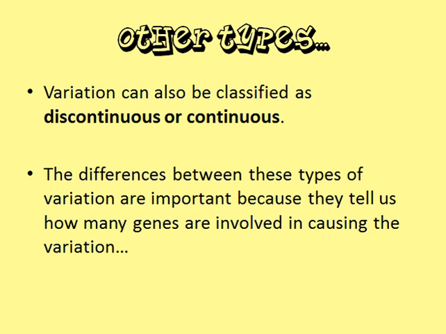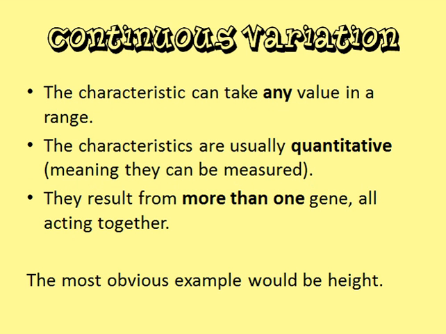Variation can also be classified in a more numerical way, and that's calling it discontinuous or continuous variation. The differences between this type of variation are important because they tell us about the type of genes involved in causing the variation. Continuous variation is when the characteristic can take any value in a range.